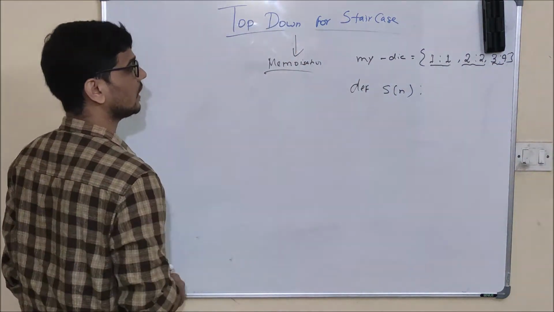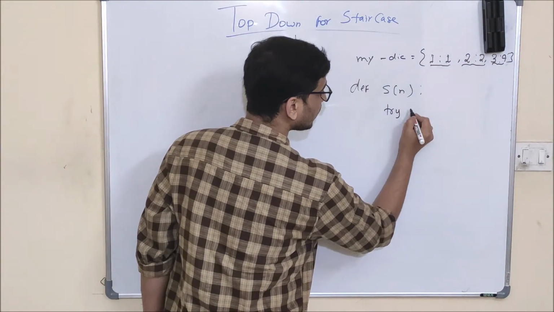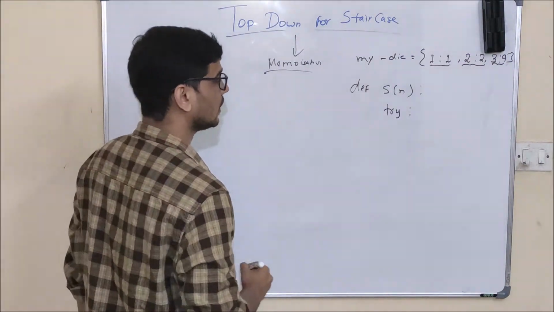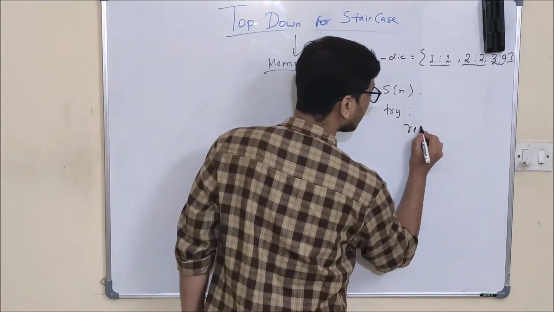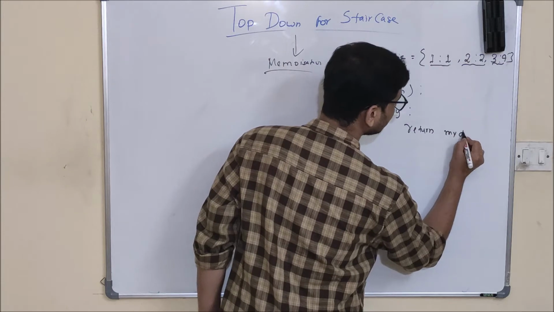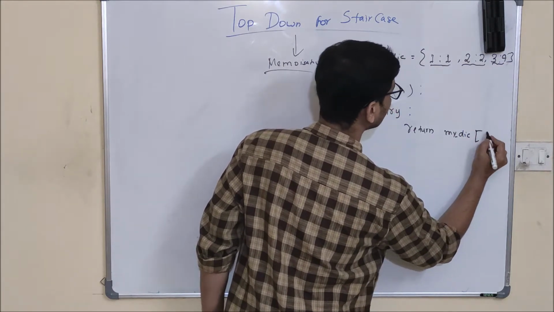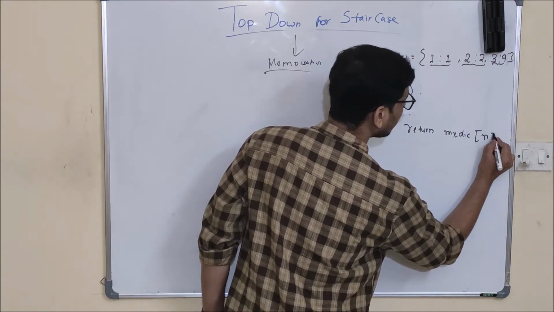So, what will I do next? First of all, I will write a try block here, and in the try block, I will try to return my dict of n.